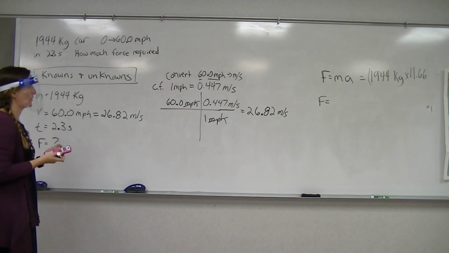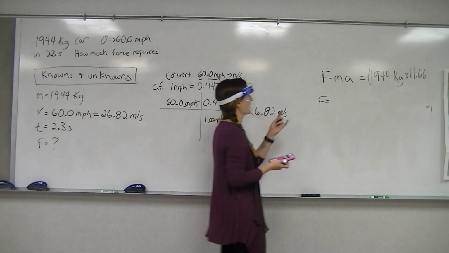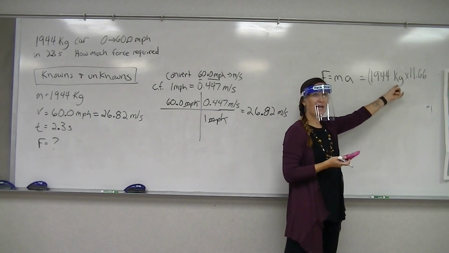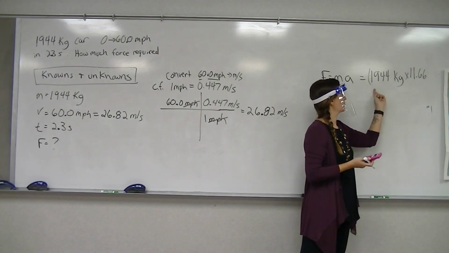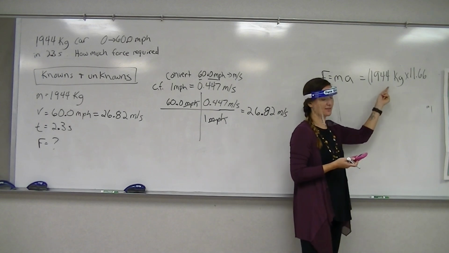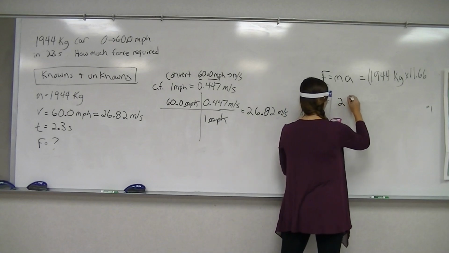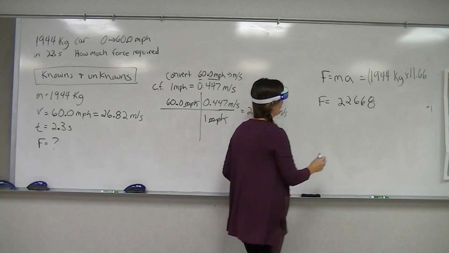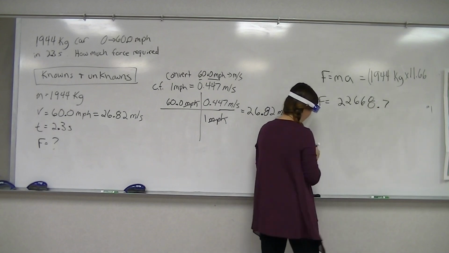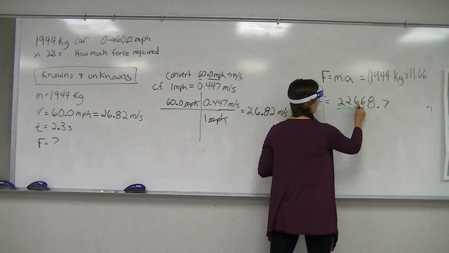How many sig figs am I worrying about? Well, for the force equation, we have 4 sig figs in the mass. We said the sig figs aren't going to matter for the acceleration, so we're just looking at the 4 sig figs in the mass. So that means we want 4 in our answer. It's another one of those weird ones. So let's look at 1, 2, 3, 4.